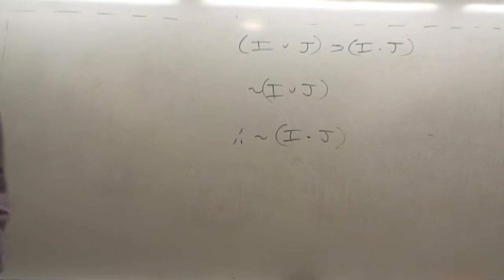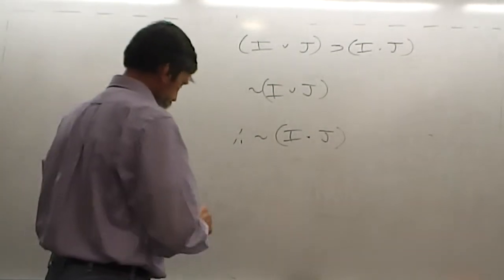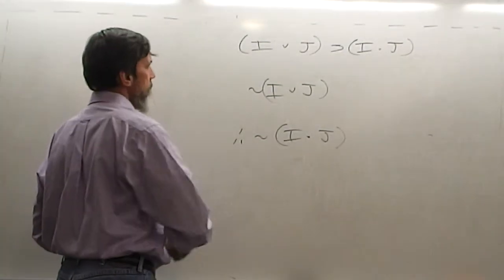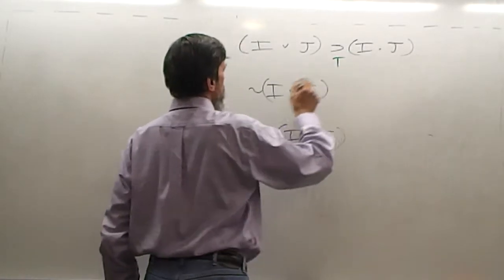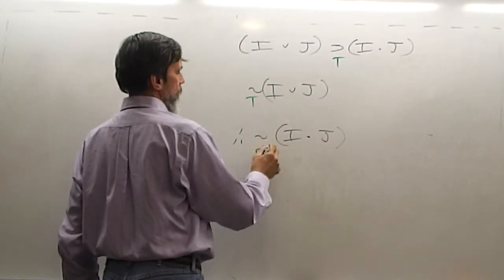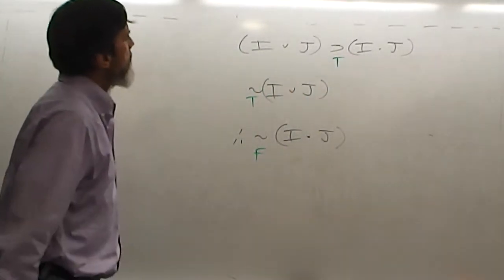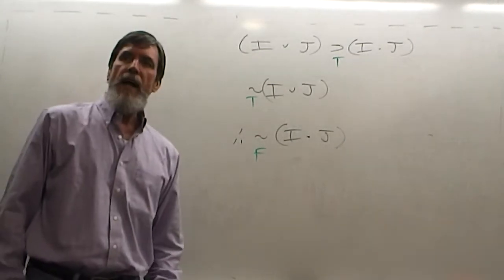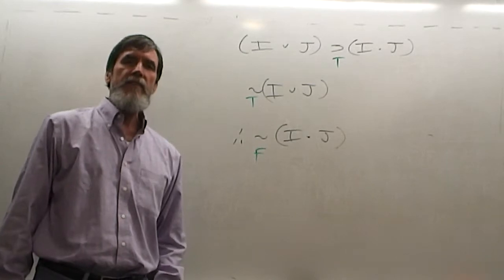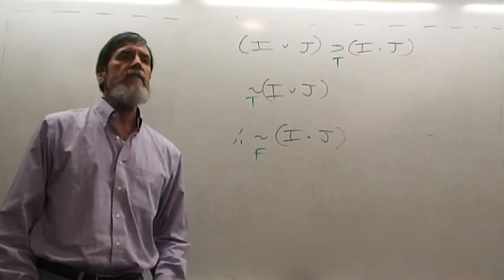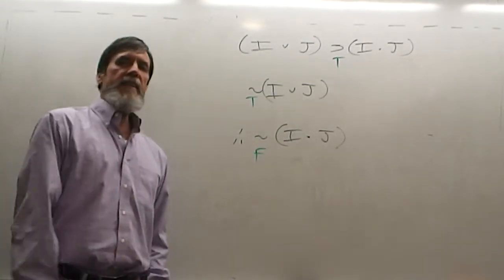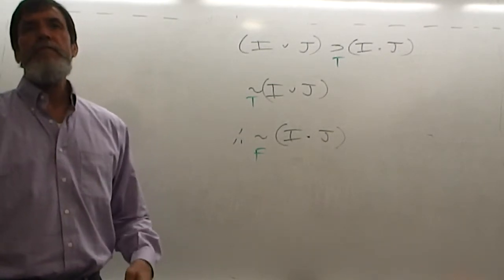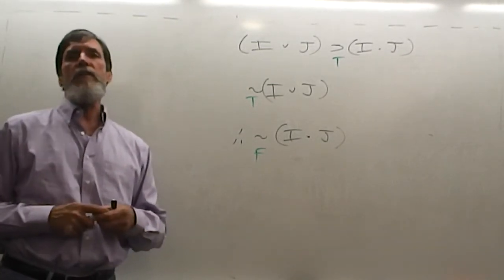Okay, so we'll make our initial assumption of invalidity. True premises, false conclusion. Once again, we know two symbols' truth values, but they happen to be connectives. So this is a similar situation to what we just encountered. Let's see if you could finish it off. I think you're going to run into something similar.